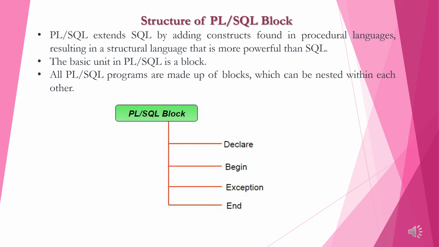All PL/SQL programs are made up of blocks which can be nested within each other. As you can see from the diagram below, a PL/SQL block will contain four main sections. The first one is the declaration, second one is the beginning, third one is the exception, and we end it with the end keyword.